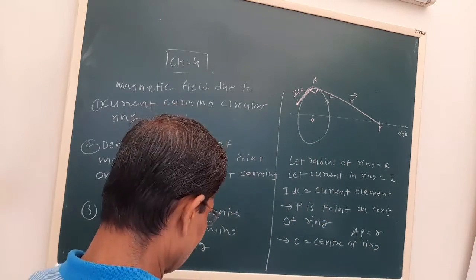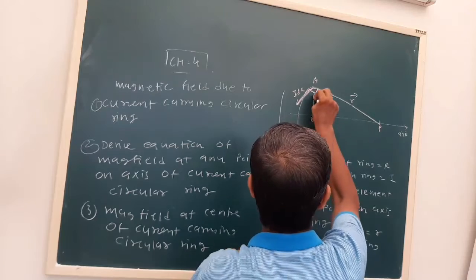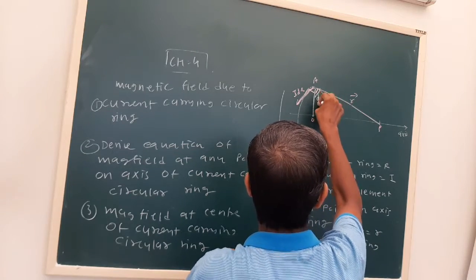Now see, from this, if I join point A, let us say this angle is phi.